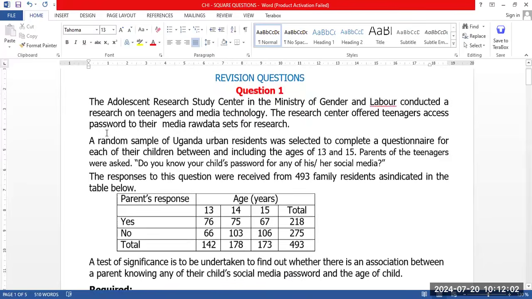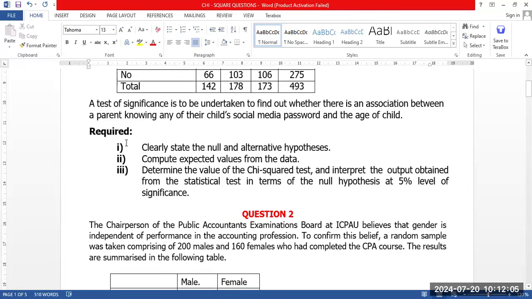And when you observe the required part, we are told to state the null and the alternative hypothesis. If they say you state the null and alternative hypothesis, you need to first know in this question, has the examiner stated his opinion? Is the person doing this stated the opinion or not yet?